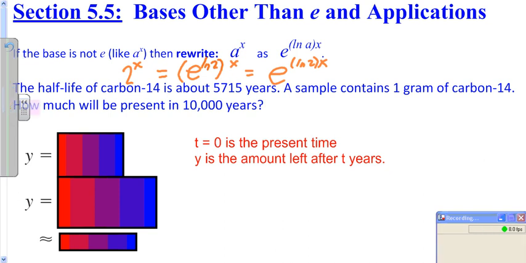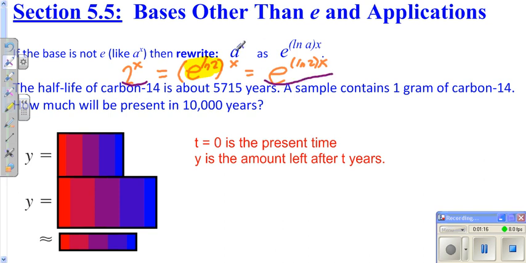You need to remember that e raised to a natural log, the e and the natural log undo each other, leaving you only with the 2. That's the property that we're using to help us out here. So for the most part, you can just start with, say, 2 to a power, and you could rewrite it as e to this. And that's what this formula right here is saying.